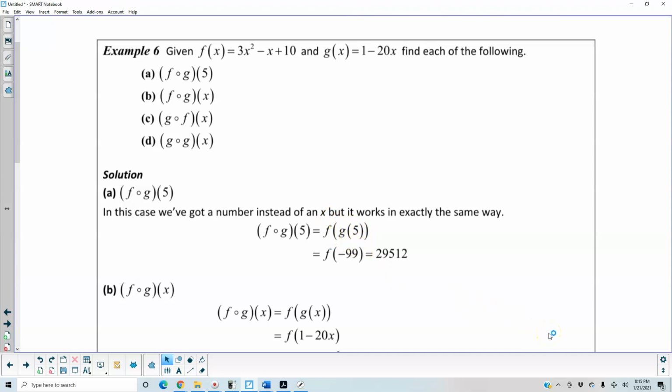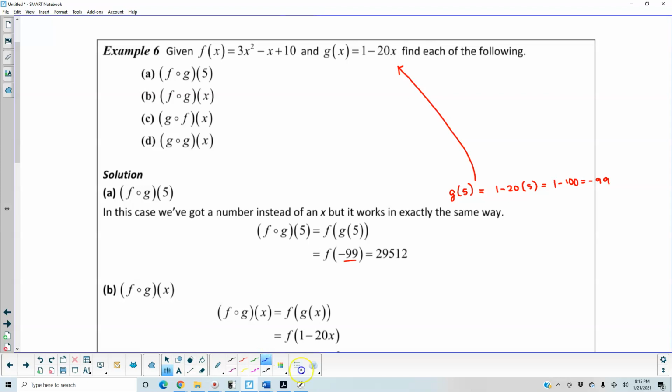We first need to find g of 5, which is plugging 5 into the function for g. So it's 1 minus 20 times 5, which is 1 minus 100, which is equal to negative 99.